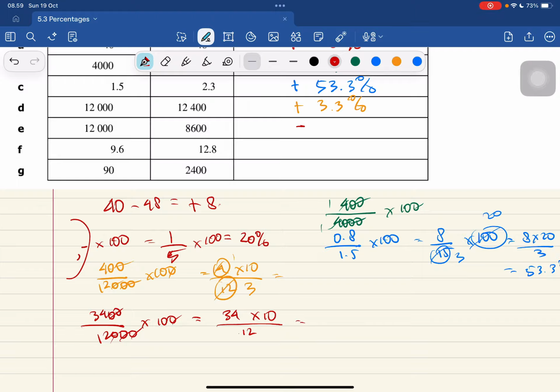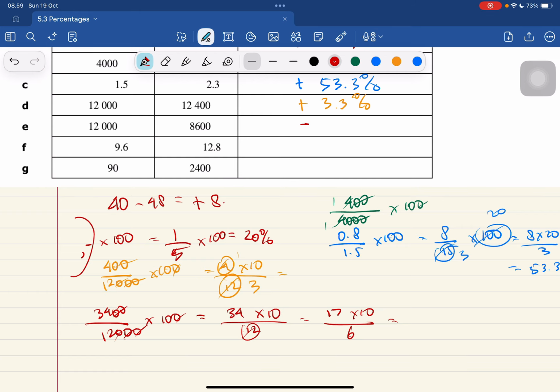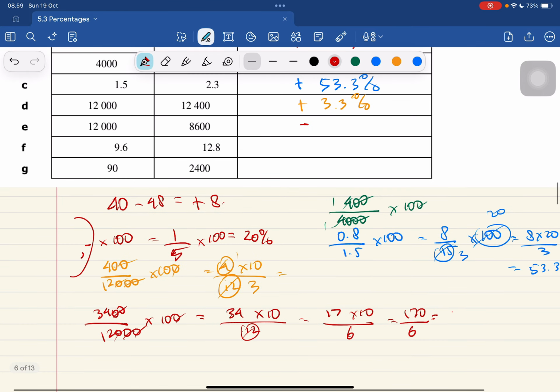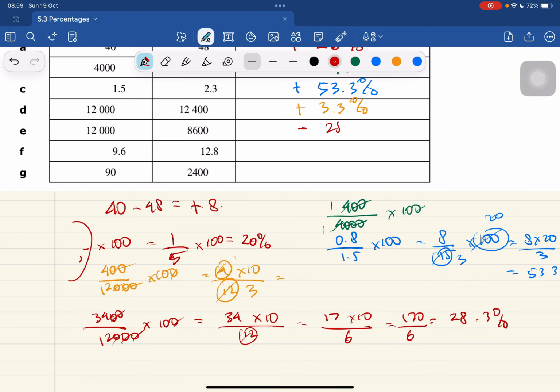So 34 we can divide by 2. It's going to be 17 times 10 over 12. Also we divide by 2 is 6. So 170 divided by 6. It's going to be around 28, not around, 28.3%. So this is 28.3%.